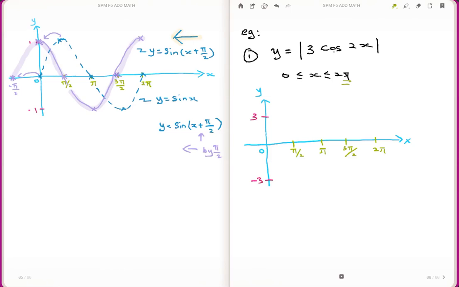Then for cos 2x, we divide by 2. So 90 divided by 2 is 45, so it's pi by 4.